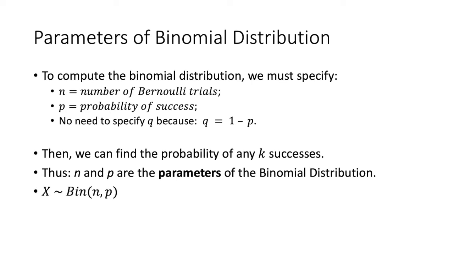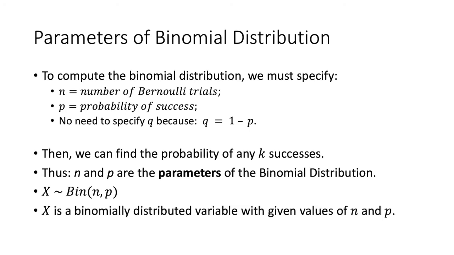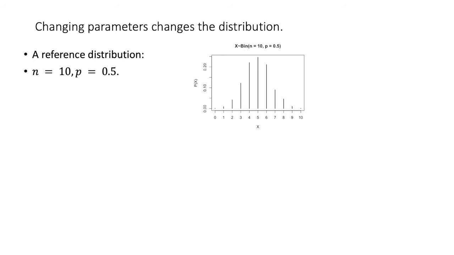Therefore, when we write this that appears on your screen, we mean to say that x is a random variable that follows a binomial distribution with n Bernoulli trials and p as the probability of success. Now, because n and p are the parameters of a binomial distribution, changing their values changes the distribution.